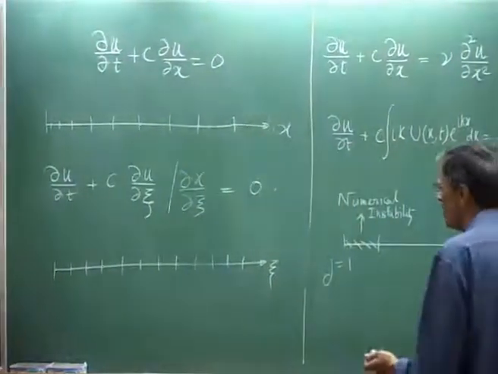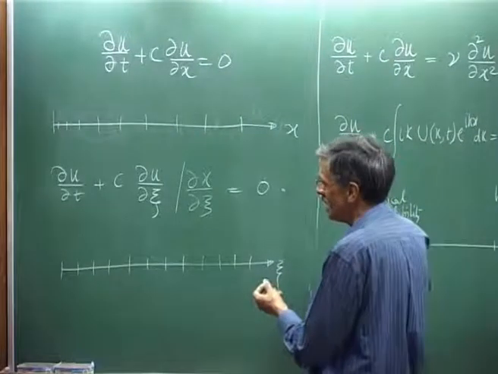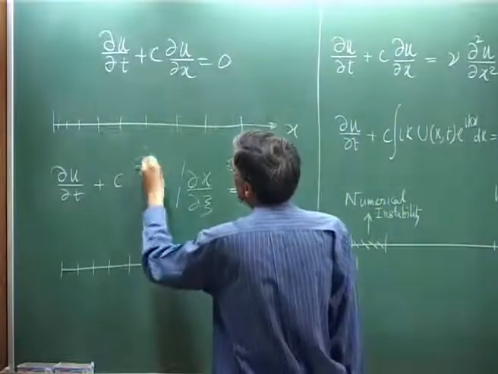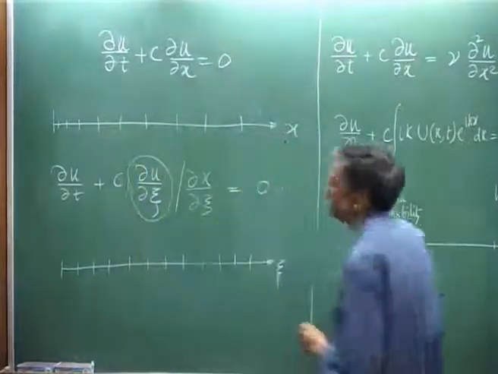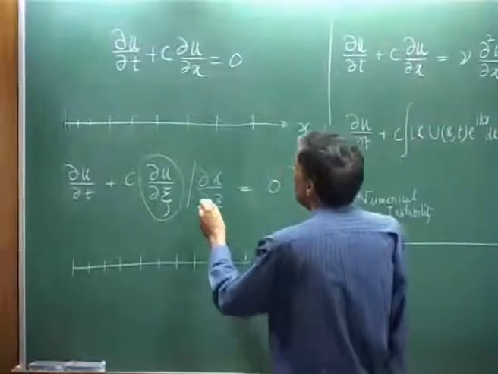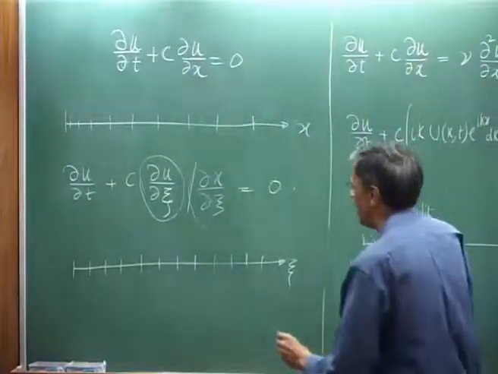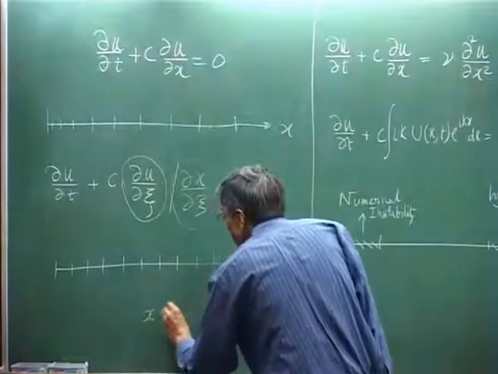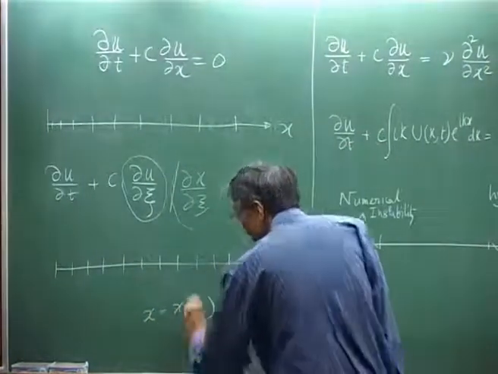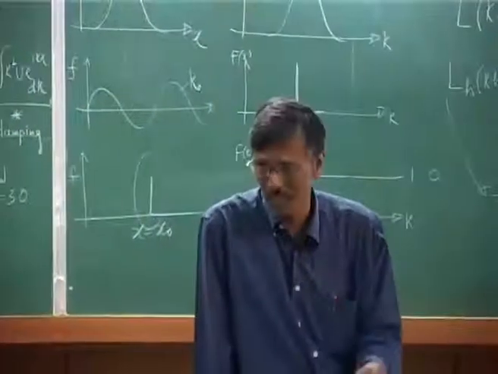So, if we do this, what has happened now? Now, you see, this is a quantity that is a function of xi, the independent variable. In addition, there is this transformation function that we have tried to get. So, x is a function of xi. We may do it analytically, we may do it numerically.